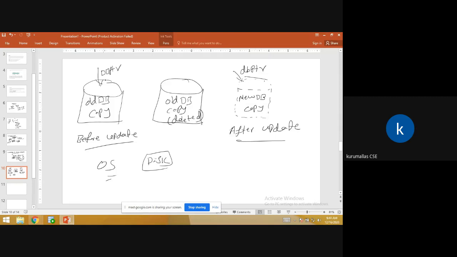The database system transfers the pointer to the newly created copy, which becomes the current database copy.